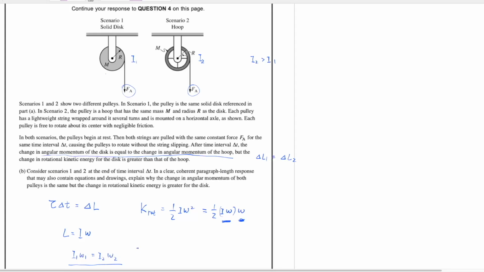Since we know I2 is greater than I1, and these two are equal, that means omega 2 is smaller than omega 1 because omega is inversely proportional to I. So for kinetic energy, this part is our common part, and this one differs. For scenario 2, it has a smaller omega, so the change in kinetic energy of scenario 2 should be smaller than scenario 1.